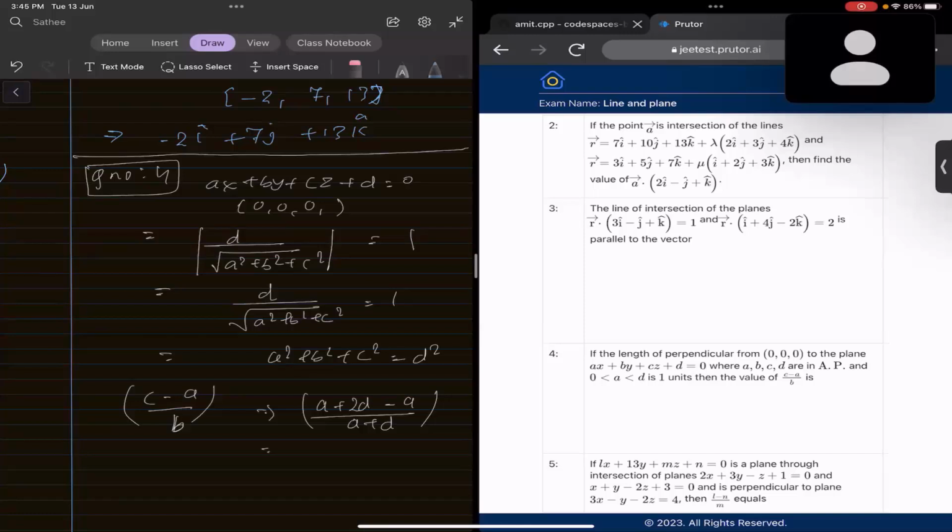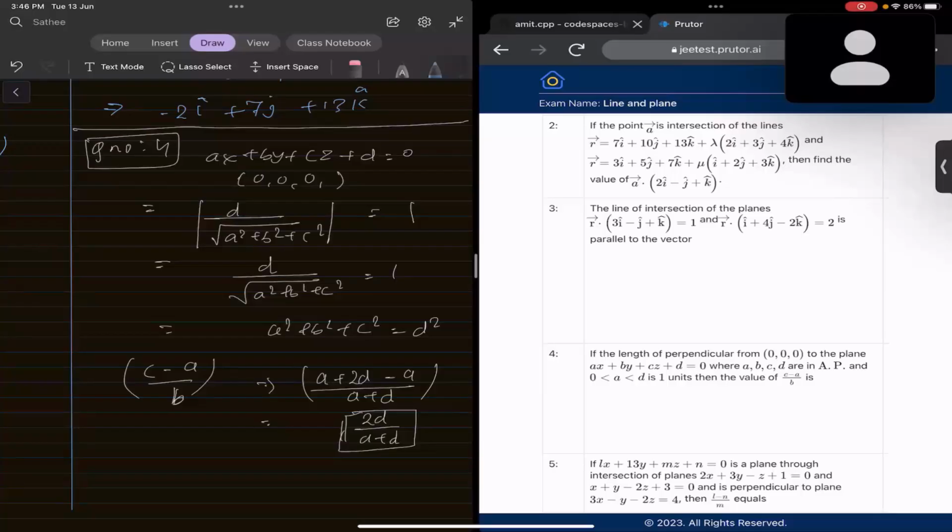So c minus a by b is equal to 2d upon a plus d, and we have to find the value of this expression. One thing we can do in this question is simply putting the values of b, c and d in terms of a, so that we somehow cancel the unknown terms in this fractional expression.